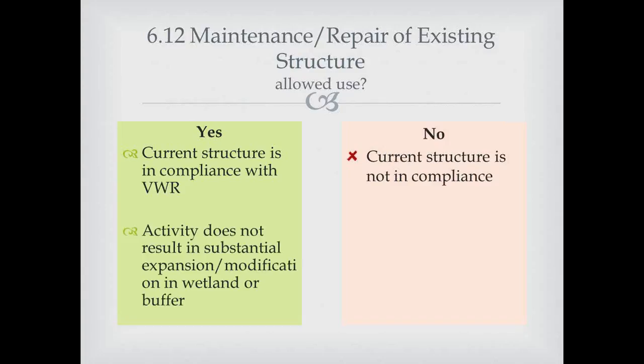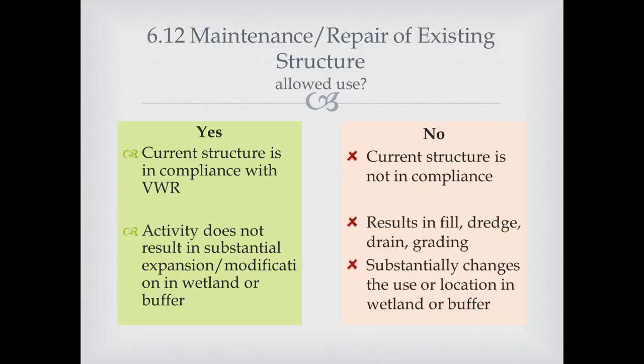And if the activity does not result in substantial expansion or modification in the wetland or buffer zone, that's also considered an allowed use. So if there's excessive fill or dredging, draining, grading, or the existing infrastructure is located in a different place, those types of things also require permits.